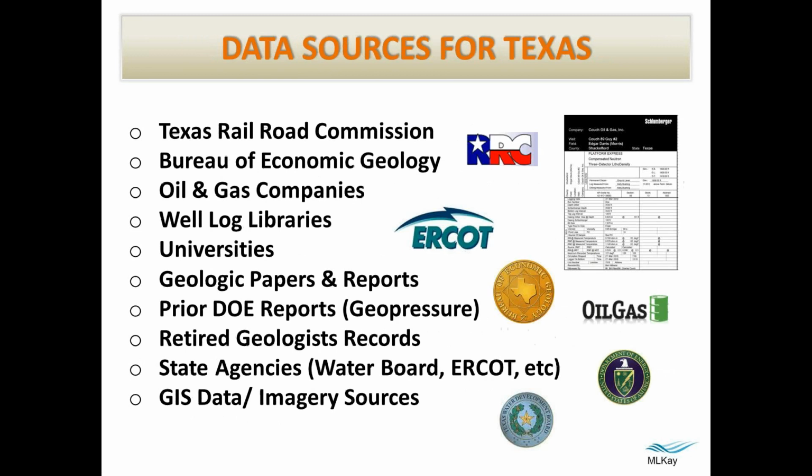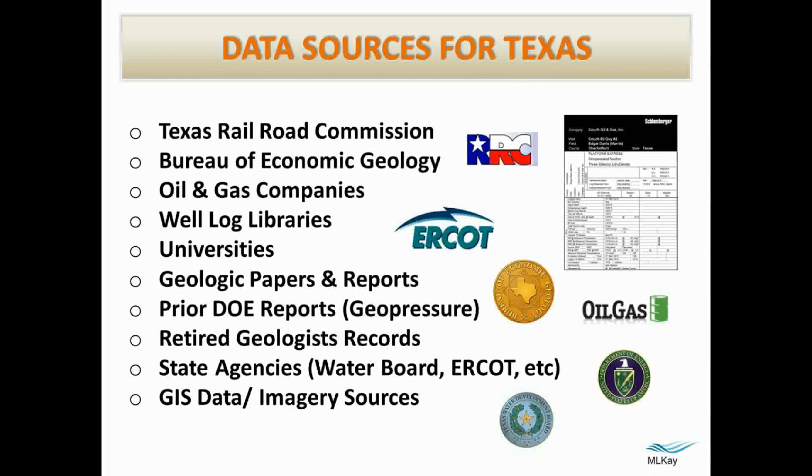So our data sources for all of that stuff, the number one is obviously the Texas Railroad Commission, and we have, like I say, over 1 million wells. I think we've got about 1.2 million wells worth of data. The Bureau of Economic Geology, which is part of our group and part of the Arizona group as well. So they've got a large amount of data.